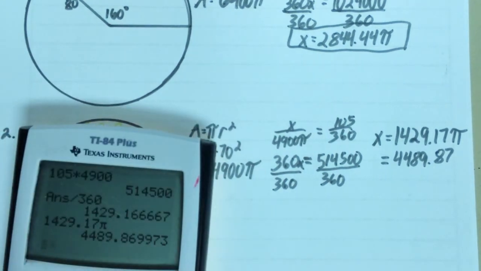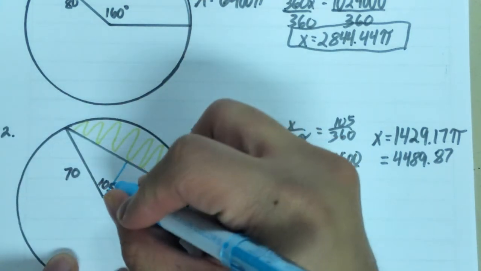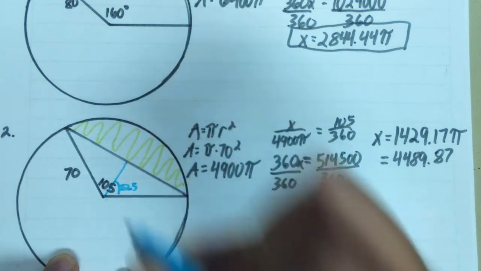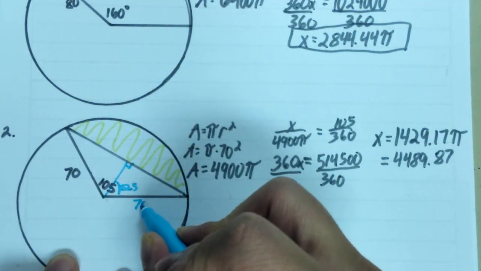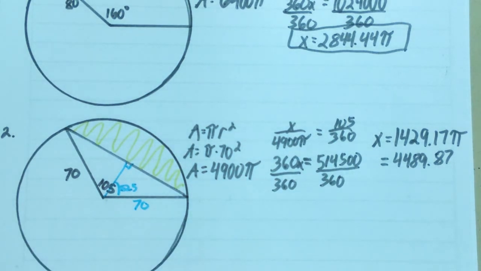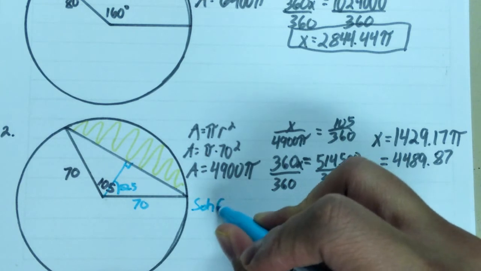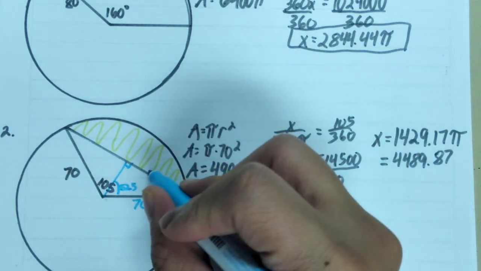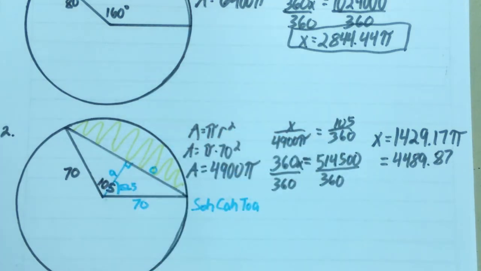So 105 cut in half gets me 52.5, which means this angle right here is 52.5 degrees. This hypotenuse is still 70. This time we are using SOHCAHTOA to find the opposite and the adjacent.